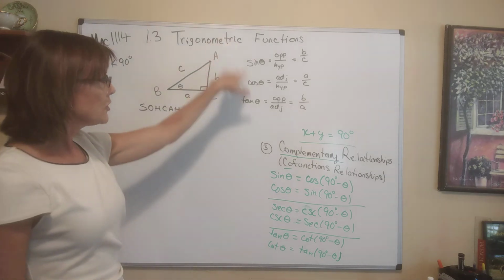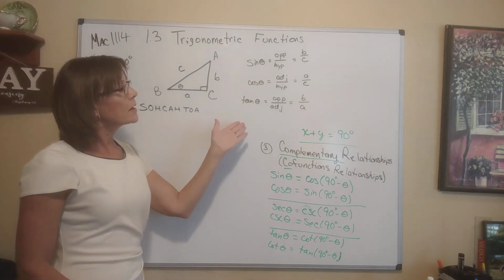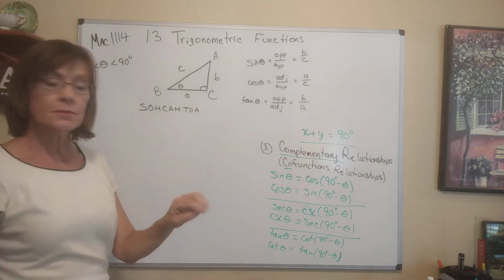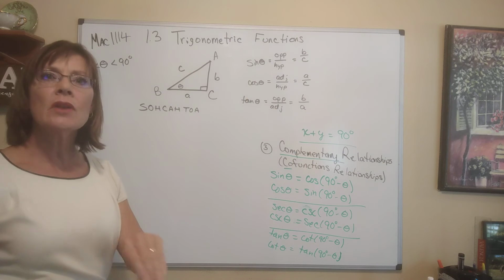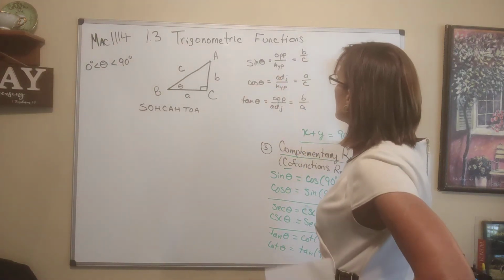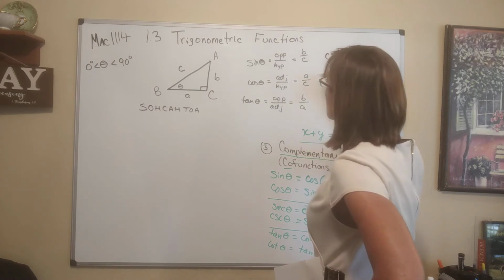If you can come up with this, we can come up with the other three trig functions using the reciprocal relationships, which I've erased, but they should be in your notes, okay? What is the reciprocal relationship? Cosecant is equal to the reciprocal of sine.